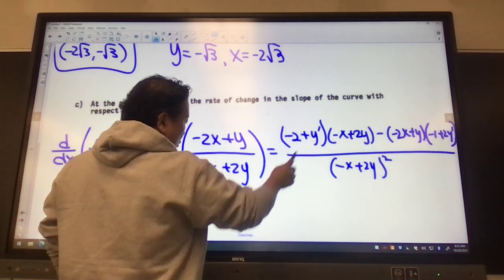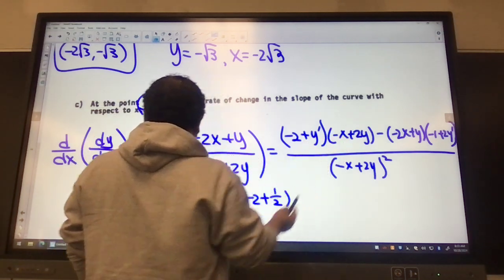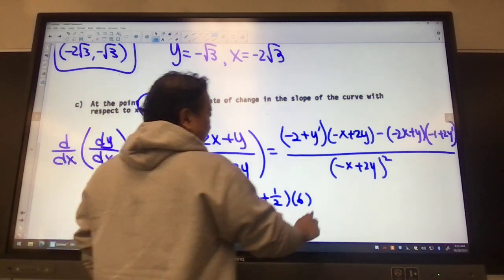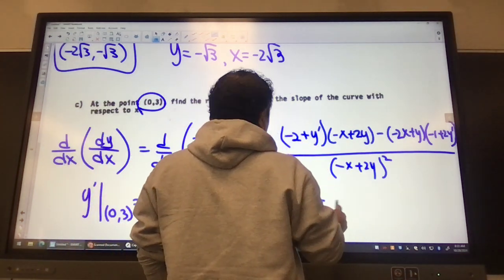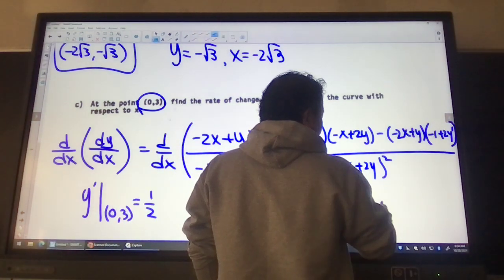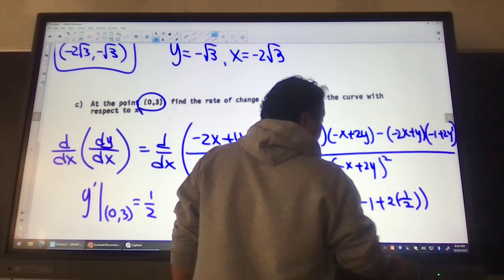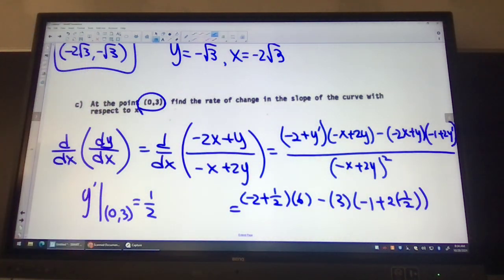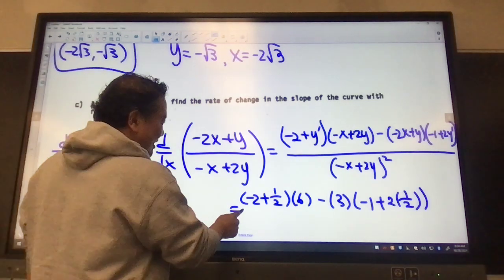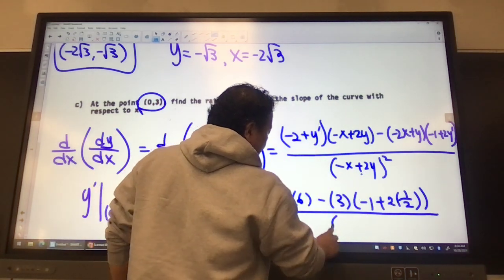So negative 2, y prime is plus 1/2. x is equal to 0, y is equal to 3, so we get 6, minus, here x is equal to 0, y is equal to 3, so we get 3 for the first one, and minus 1 plus 2 times, what was that? 1/2. In the denominator, x is 0 and y value was equal to 3, so we get 6 squared.